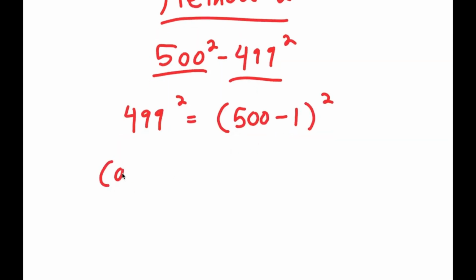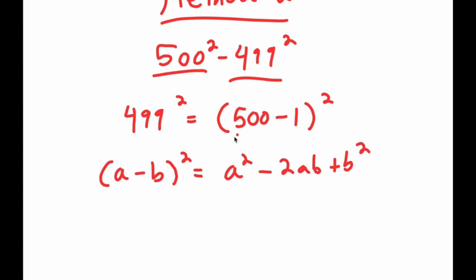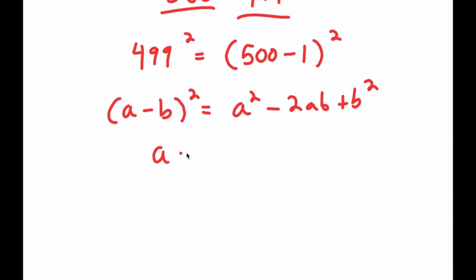And if I have something in the form a minus b squared, this is equal to a squared minus 2ab plus b squared. So, in this case, a is 500 and b is 1.